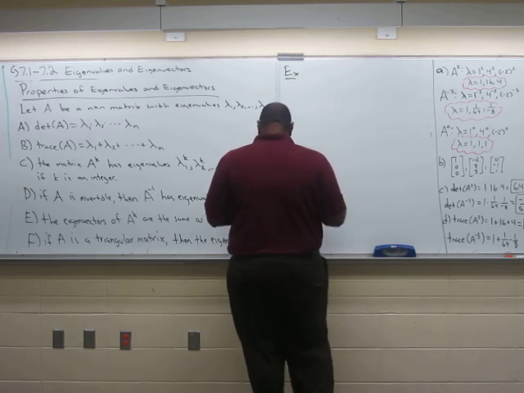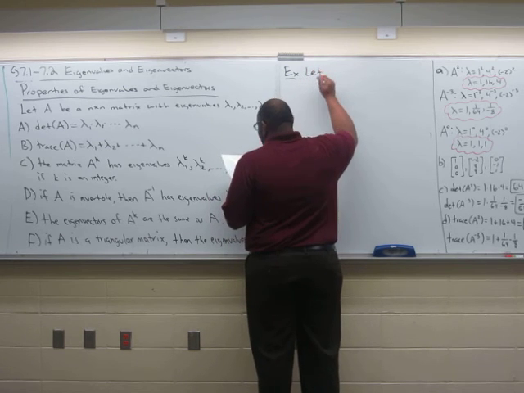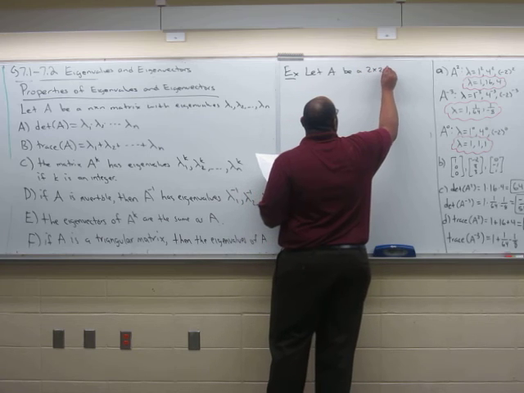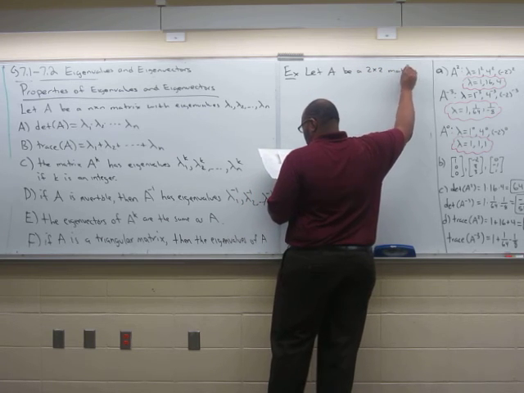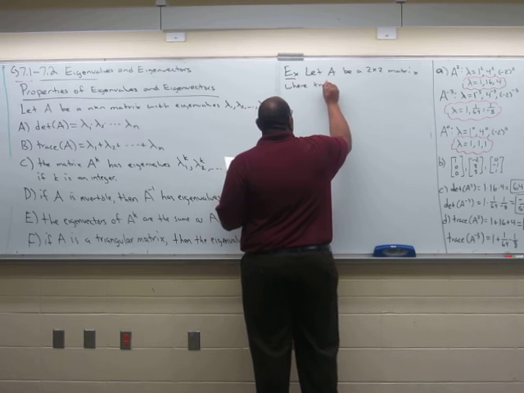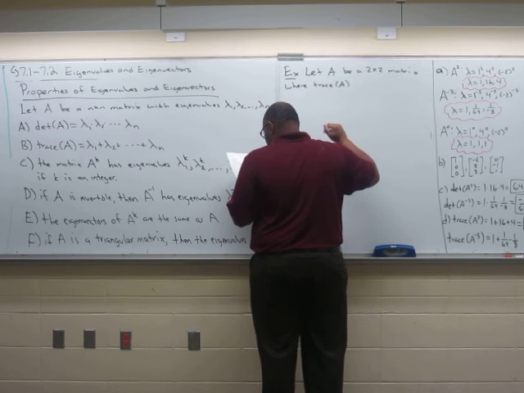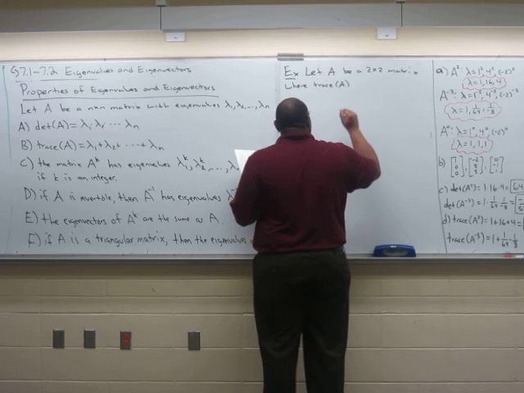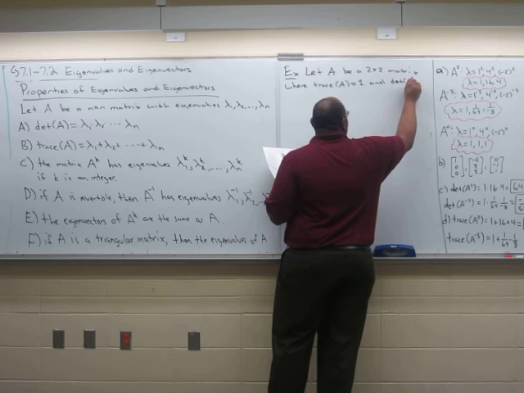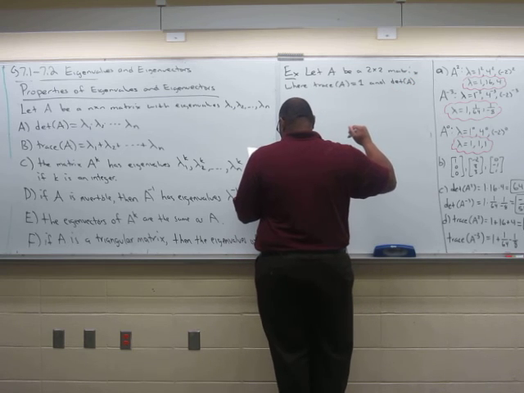Here's the second to the last one. Let A be a 2 by 2 matrix where the trace of A is equal to 1, and the determinant of A is equal to negative 20.